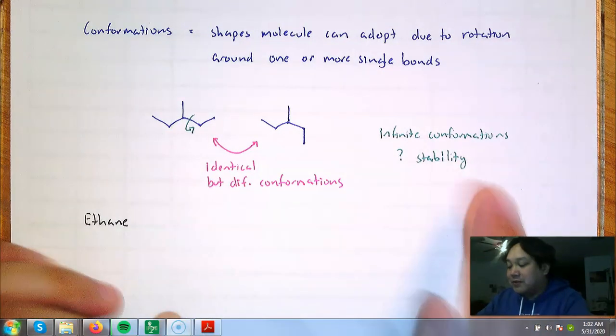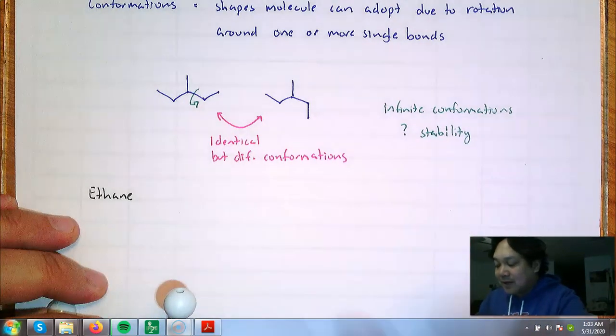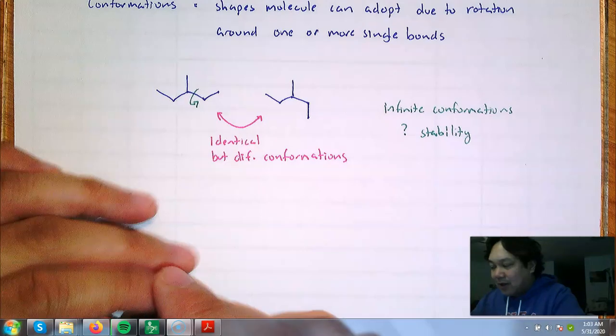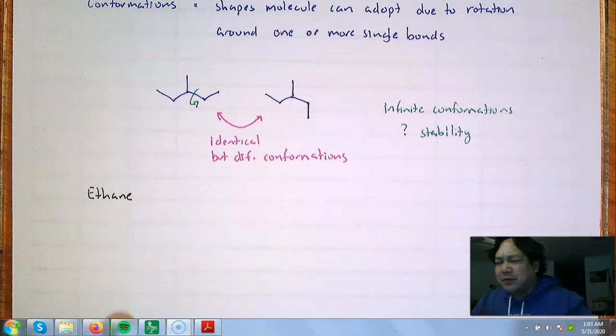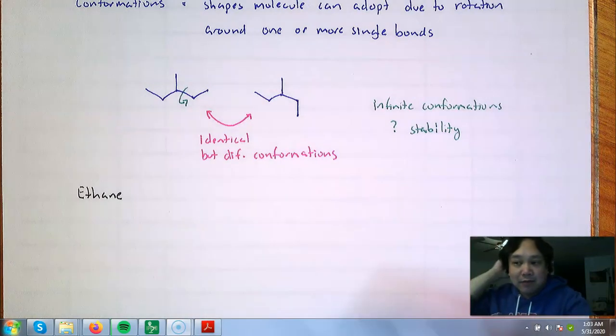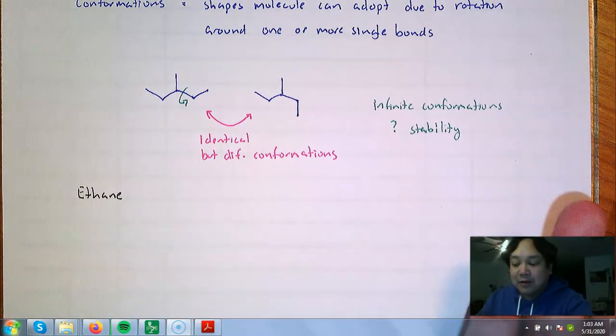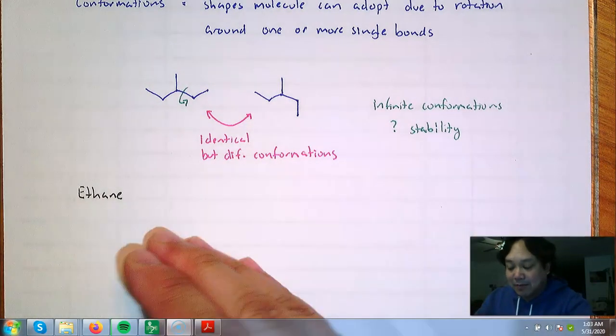Now, ethane will also have an infinite number of conformations, but there are 2 conformations that are most important. You could probably guess those two conformations will indicate or represent the most stable conformation and the least stable conformation.